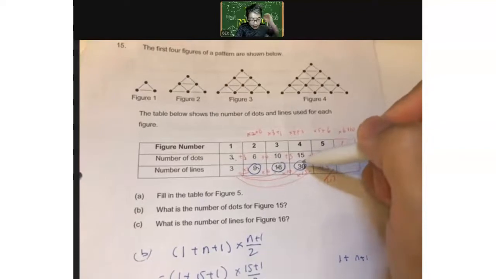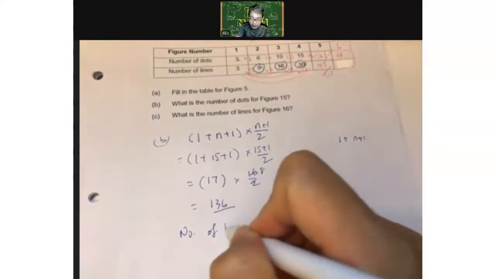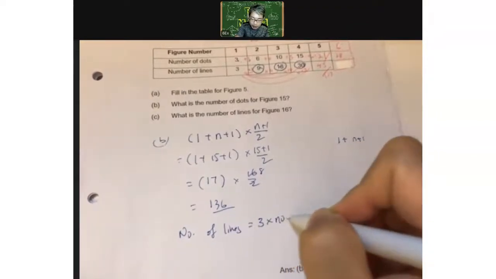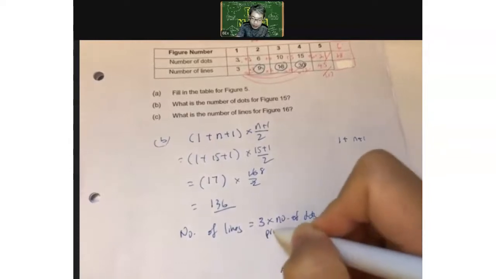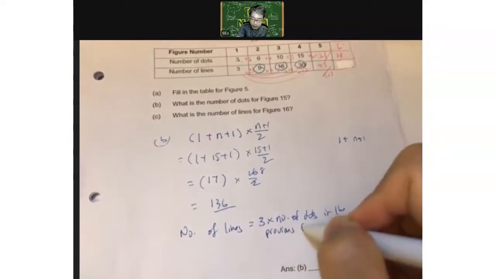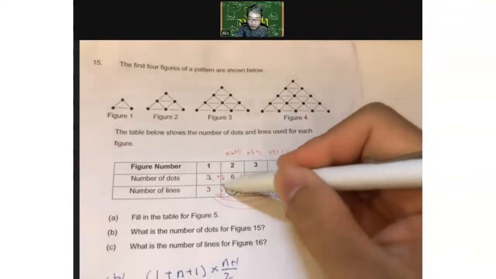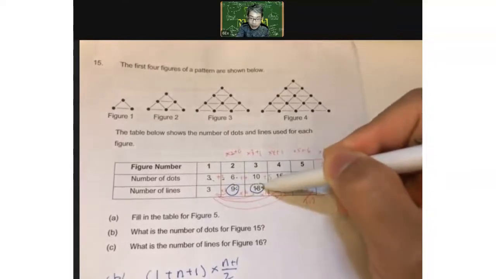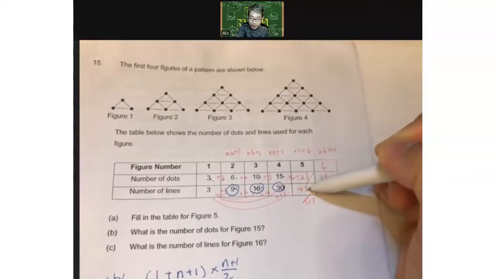So what you notice is that the number of lines is equal to 3 times the number of dots in the previous figure. So for example, 3 times 3, 9, 6 times 3, 18, 10 times 3, 30, 15 times 3, 45.